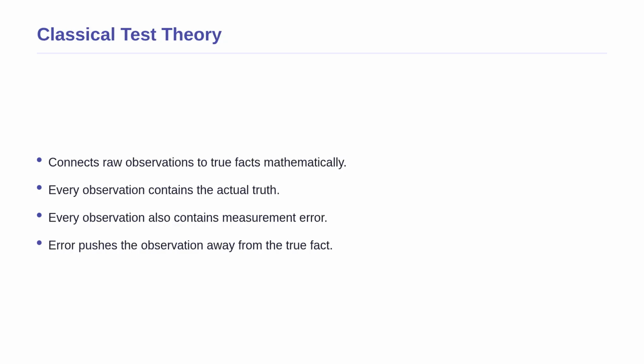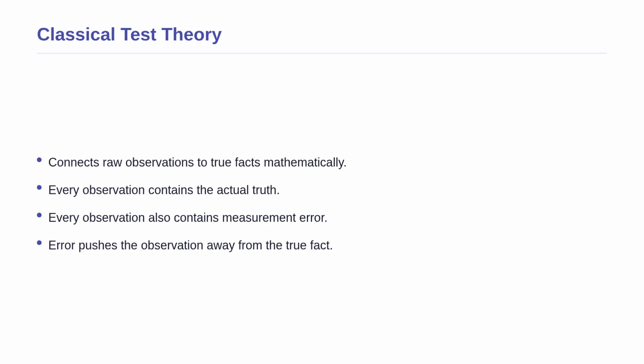Now that we understand the conceptual difference, let us look at how researchers handle this mathematically. To understand how a raw observation relates to a true fact, researchers use a mathematical model called classical test theory. This model explains a fundamental rule of research.